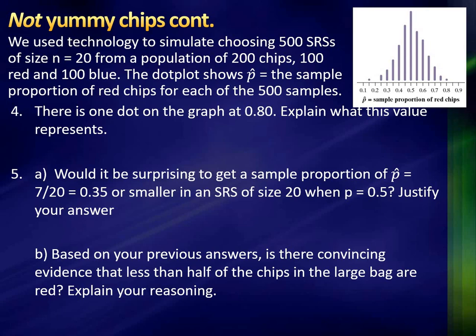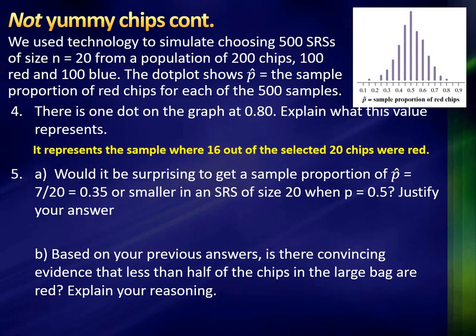What does that one dot represent? 16 out of 20, because 0.8, when we're talking about that for a sample of 20, means that I had a sample where 16 out of the 20 were red. Each one of those dots represents a sample. And so that one dot represents the sample that I had 16 out of 20 chips that were red.